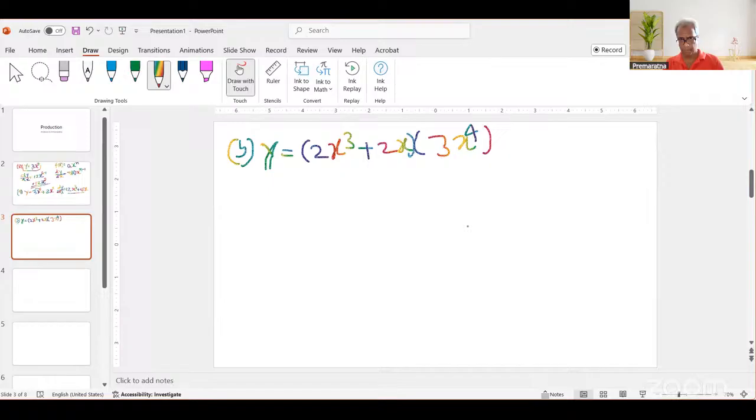When you differentiate an equation like this, the product rule applies.